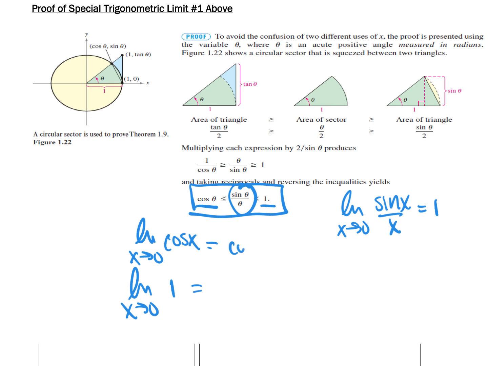Direct substitution: cosine of 0 is 1. And 1 is just a constant function, so its limit is equal to 1.